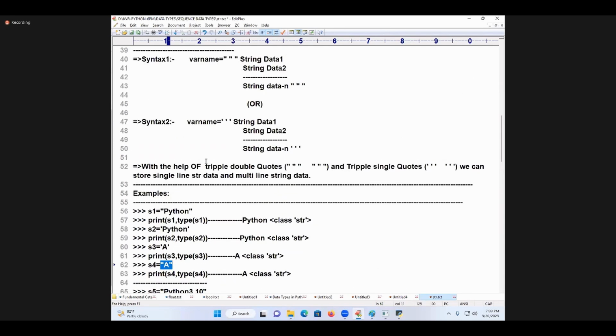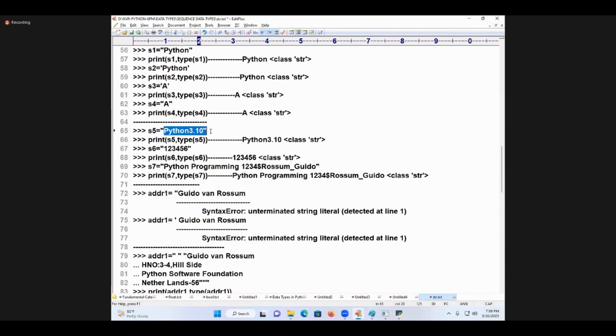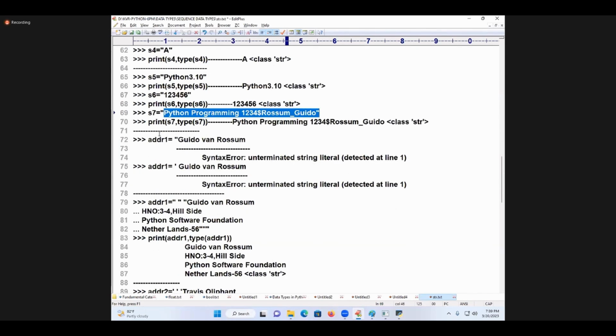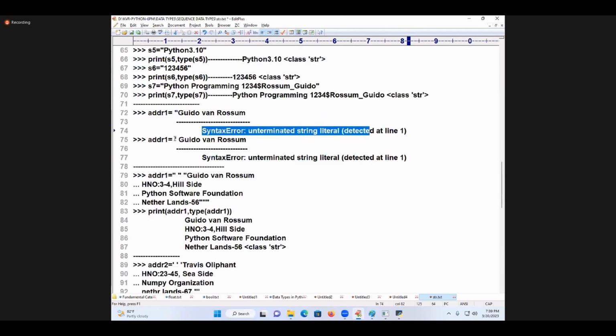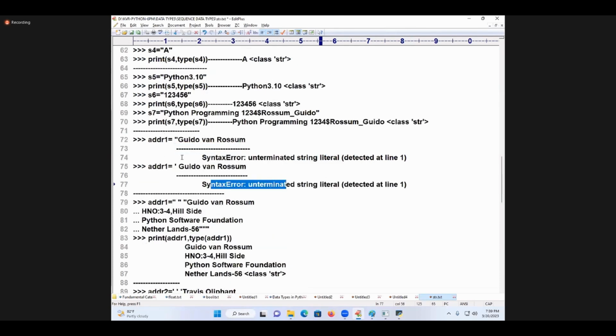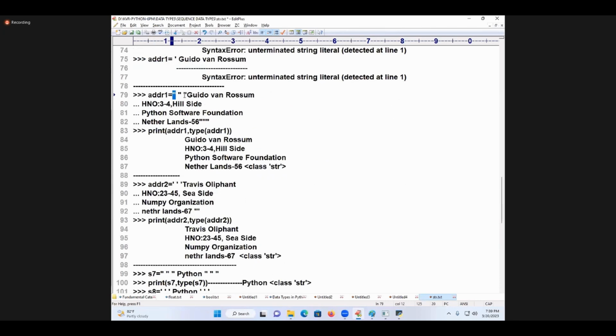You see now? As you see, single line string data enclosed within text only, done. Characters. Here what is happening? Strings with numbers, right or not? Numbers. Some special symbols also there, right? Come on now, ADDR1. Double quote started, error coming or not? Single quote started, multi-line string data, error came or not? So ADDR1, triple double quotes, Guido van Rossum.